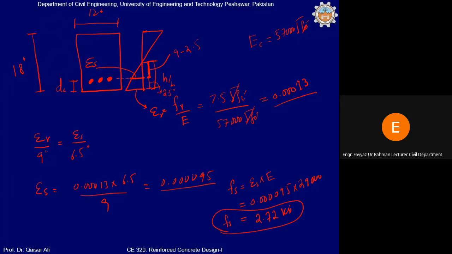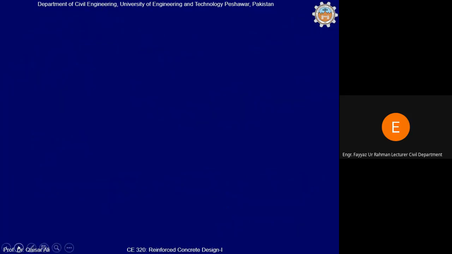Now from this stress you can calculate the tensile force, and then again applying the equilibrium equation you can calculate the flexure capacity. So that is very simple. If we do not ignore the contribution, again this is the stress diagram.